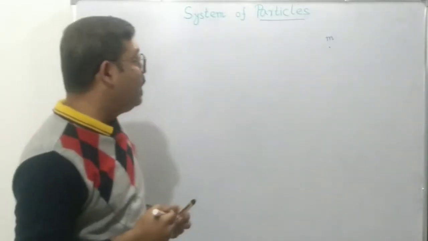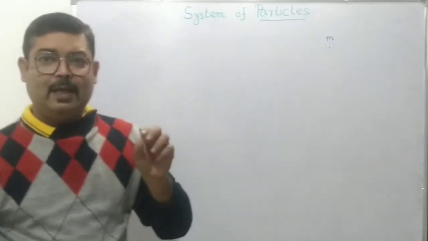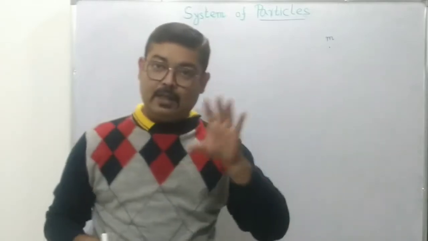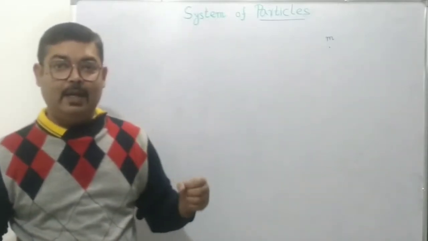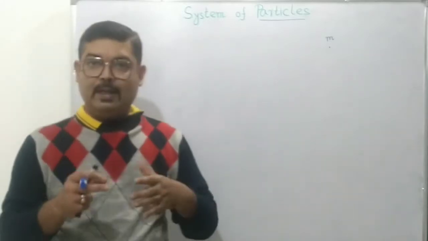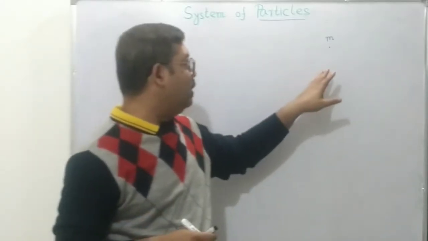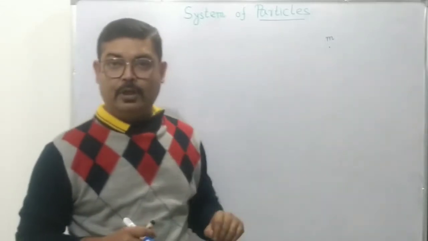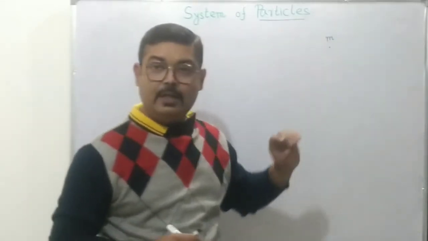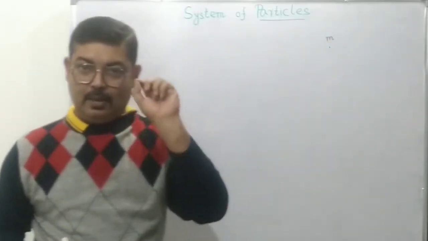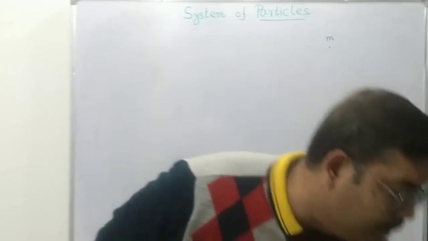So what we mean by particle is that we are basically considering a point object, an object which has a certain finite mass, but it doesn't have any dimensions, because we know from mathematics that something that has its position but doesn't have any length or breadth or any dimension is known as a point. So a particle basically means a point mass. It has a finite magnitude of mass, but its dimension is said to be negligible.